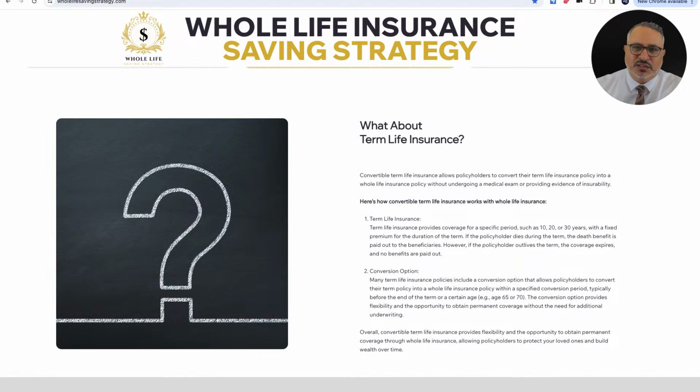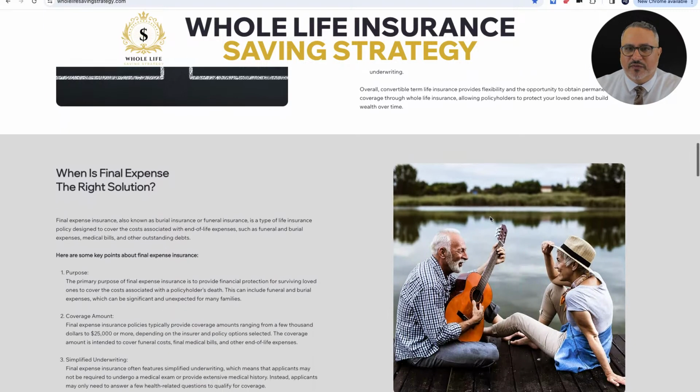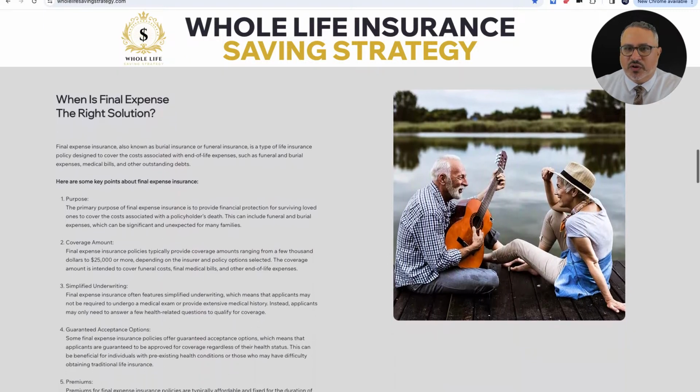That leads us to the next type of insurance to consider, which is final expense insurance. If you're a senior citizen between the age of 45 and 85 and you don't have any death benefit, you're probably not going to qualify for a term policy based on your age and potentially your health.